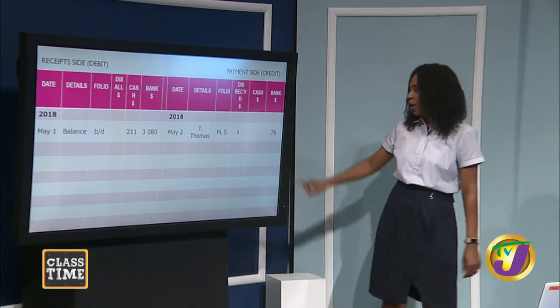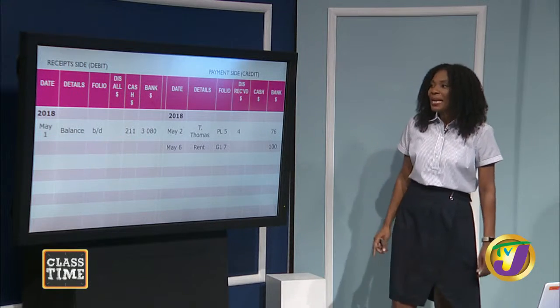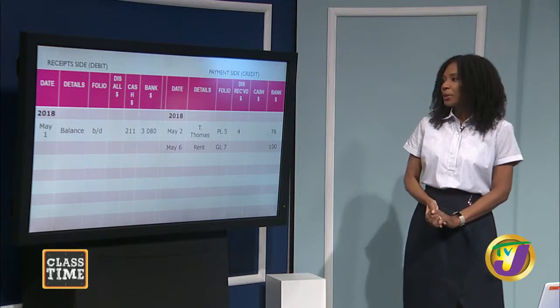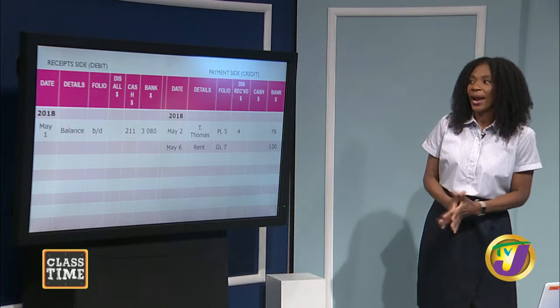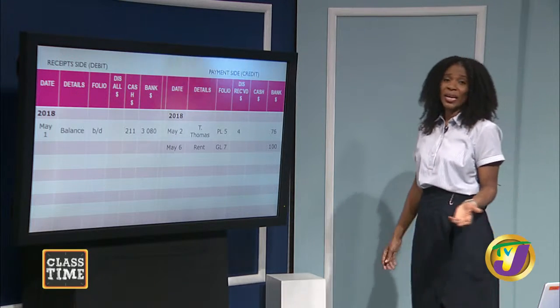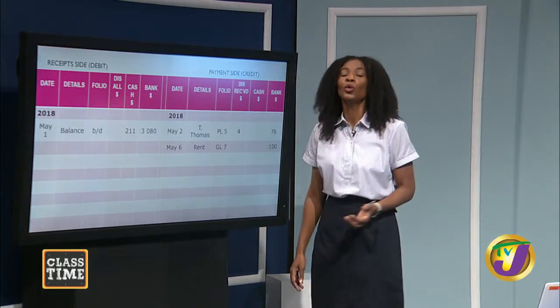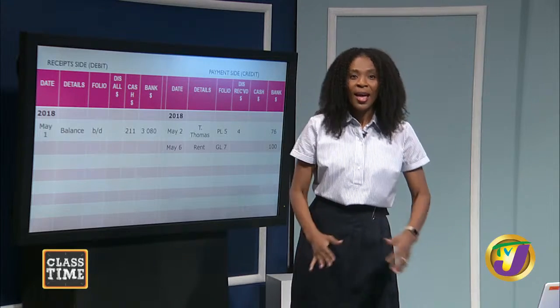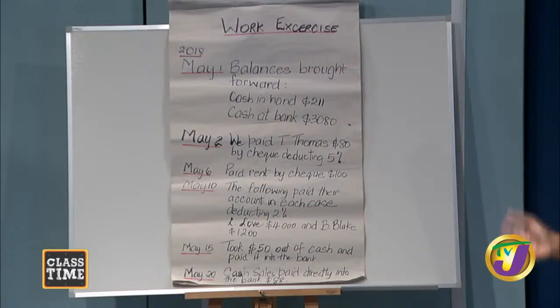Okay, moving on. On May 6th, what happened? We paid rent by check $100. Does that include a discount? No. Very good. So you just put it in normally, without calculating any discount.